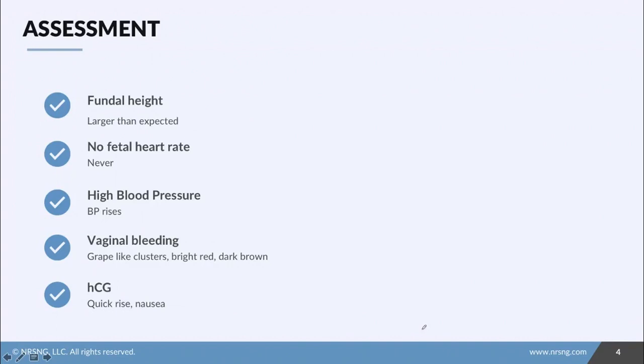So on assessment of this patient, what does she look like? She's going to have a fundal height that is larger than expected because that uterus is filling fast with those clusters. And so the uterus is going to grow faster. There's never any fetal heart rate. The patient can have high blood pressure. The BP rises. It's just a side effect of this type of pregnancy that you'll see higher than normal blood pressures.